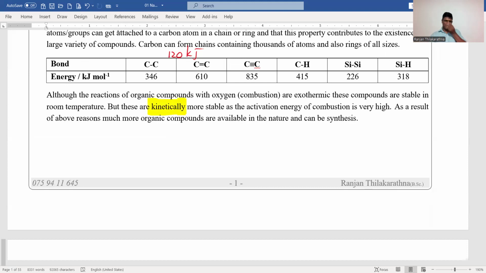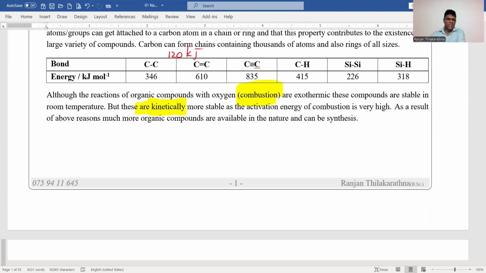Although the reactions of organic compounds with oxygen, which we call combustion, are exothermic, these compounds are stable at room temperature because they are kinetically stable. What does it mean? Kinetically and thermodynamically.